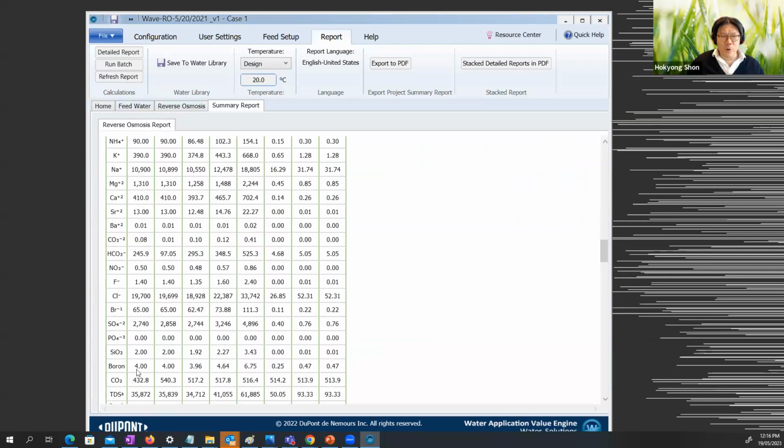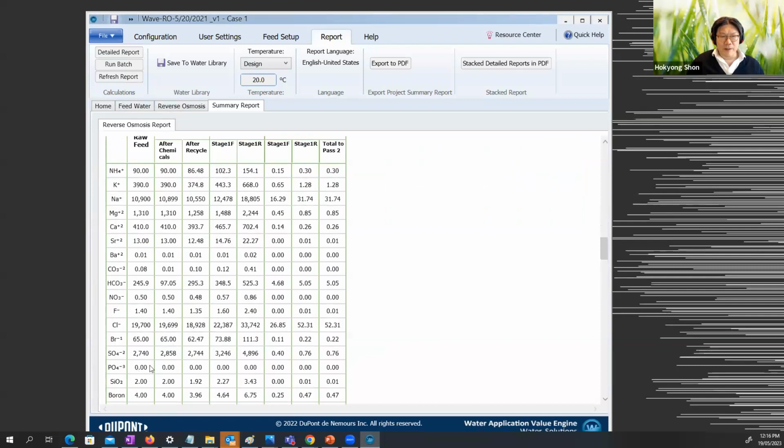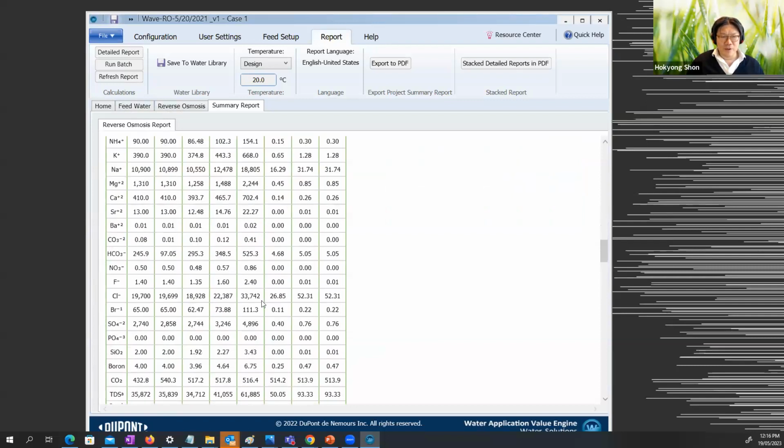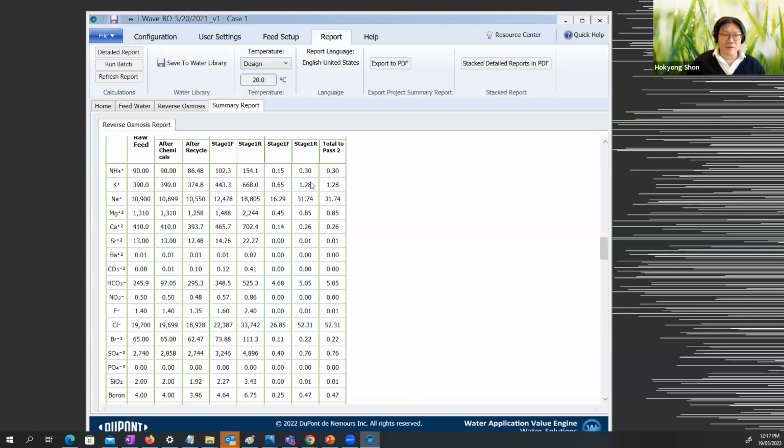After the first pass, your concentration of boron is around 0.47. So what's the limit of your guideline threshold concentration? You need to consider a second pass based on your criteria.